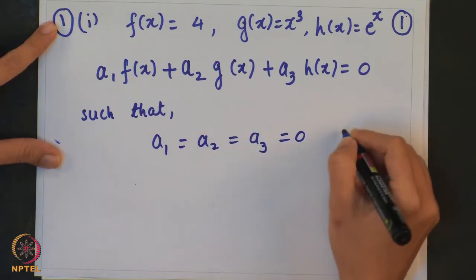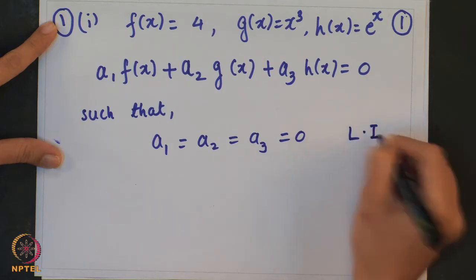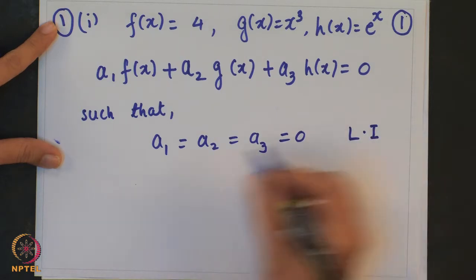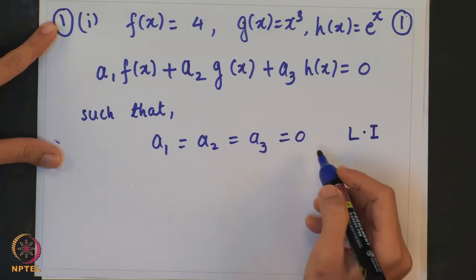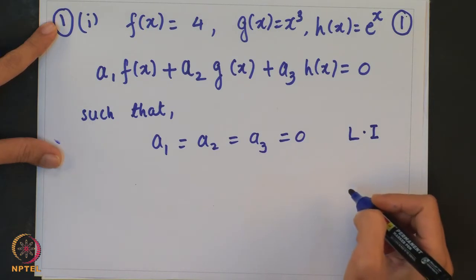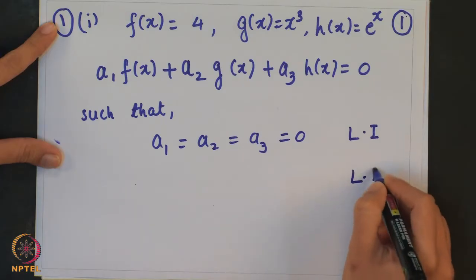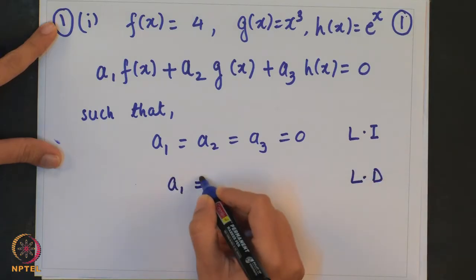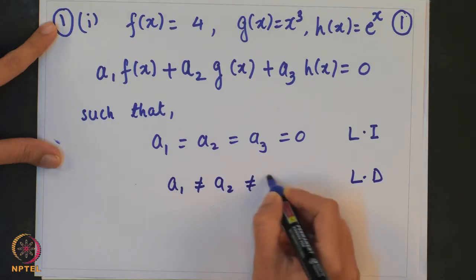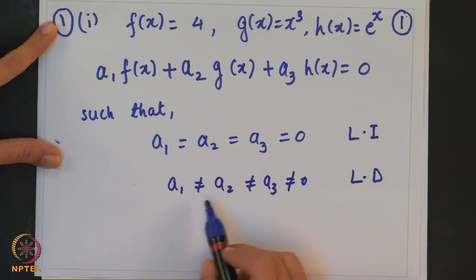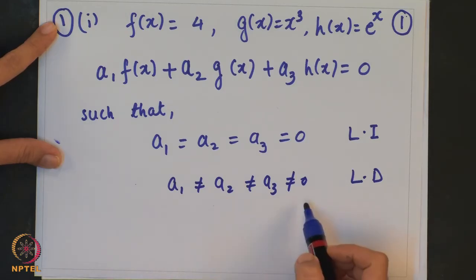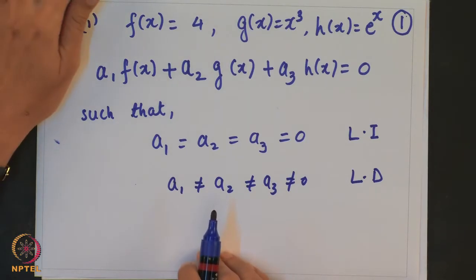Then we call this set linearly independent. If a1, a2 and a3 are not equal to 0, I mean to say a1 is not equal to 0, a2 is not equal to 0 and a3 is not equal to 0, then this set of functions is linearly dependent.